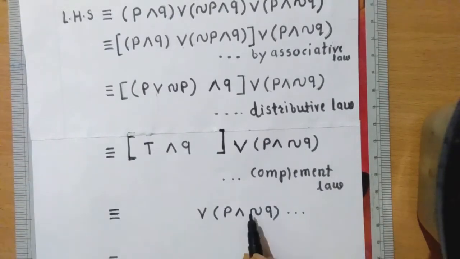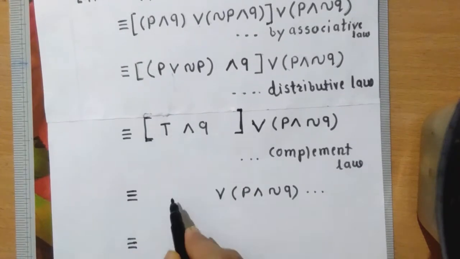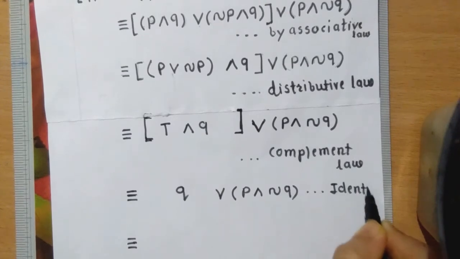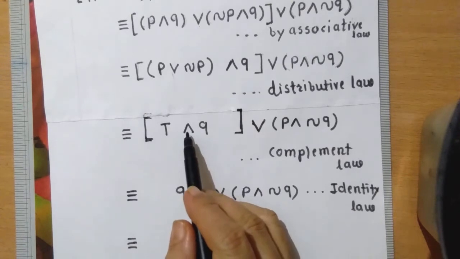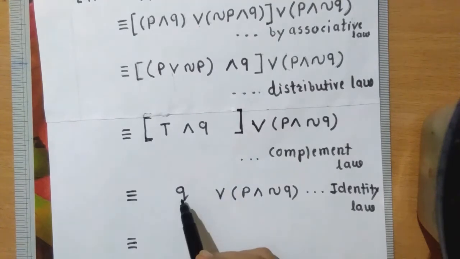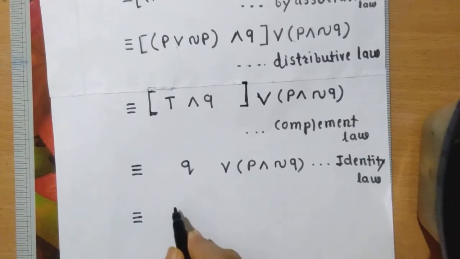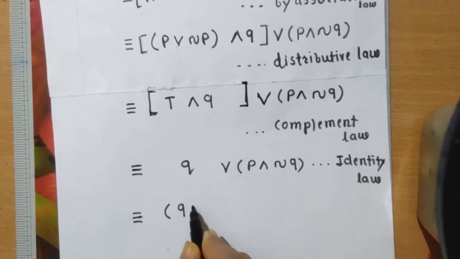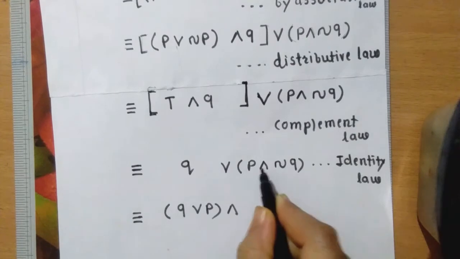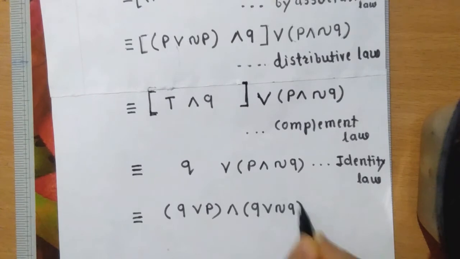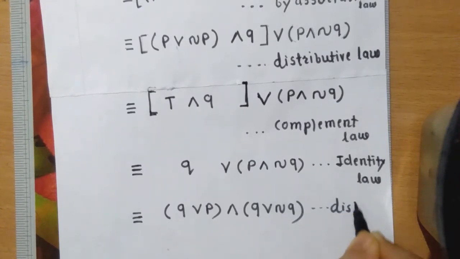Again keep this as it is, and T conjunction Q is Q by the identity law, because I told you we have to treat this as intersection. So the big set and Q, common between them is Q. Now again use the distributive law here because we can observe two different symbols. So in the first bracket Q disjunction P, and again conjunction, and again Q disjunction negation Q. This is by the distributive law.